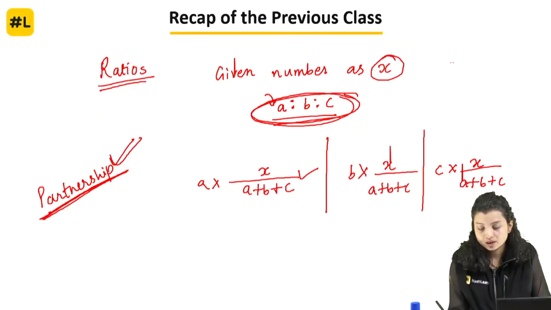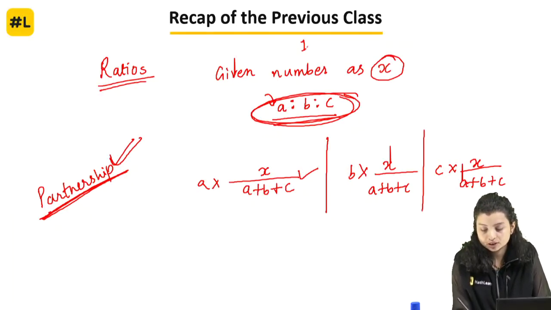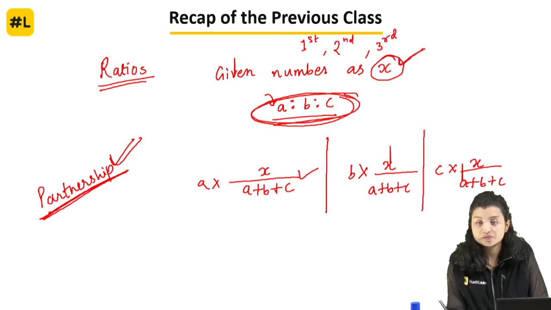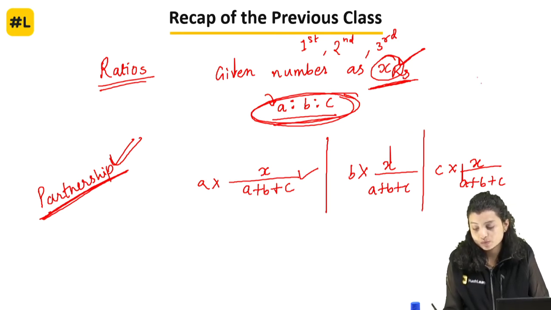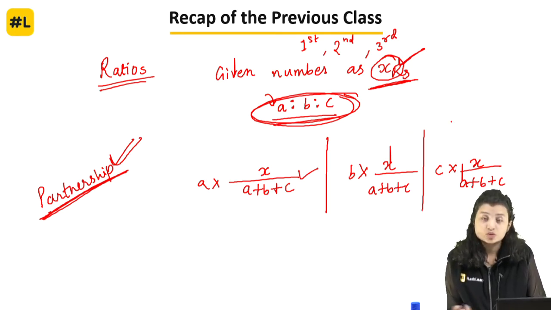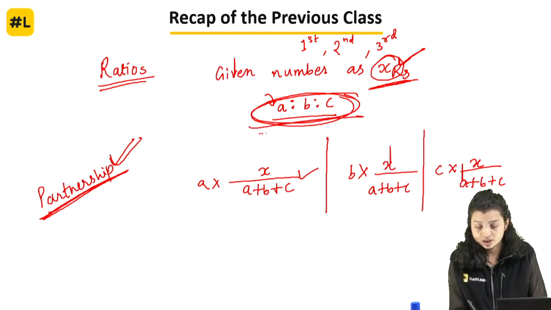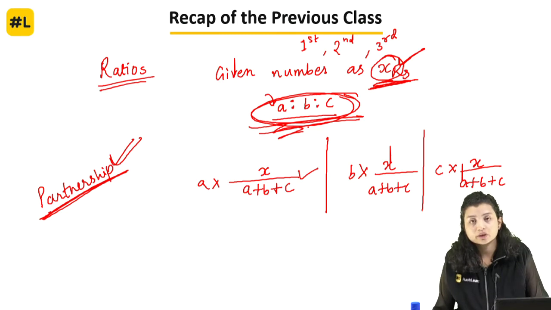For example, let's say 3 persons started a business together, and after 1 year they got a profit of x rupees. And if they ask you how much the first person will get, how much the second person will get, and how much the third person will receive, you will do the same thing: dividing the given number in this ratio. So partnership questions are also based on ratio.